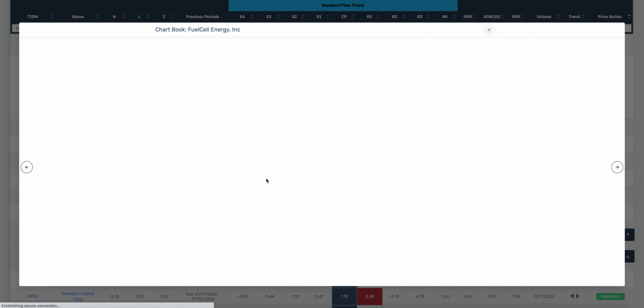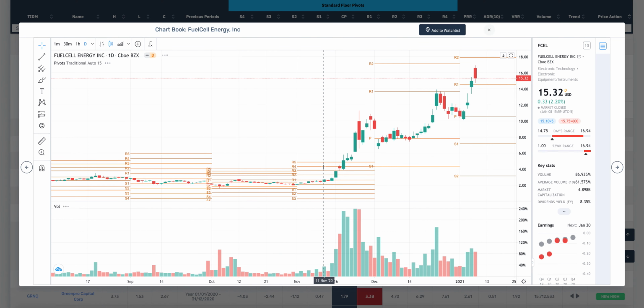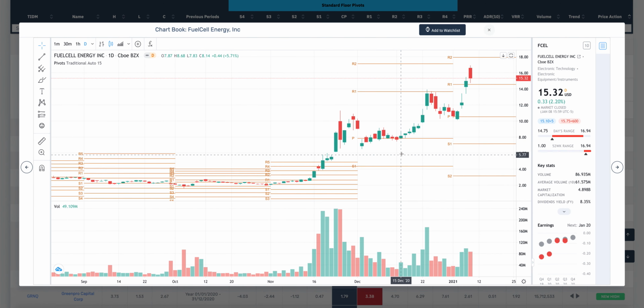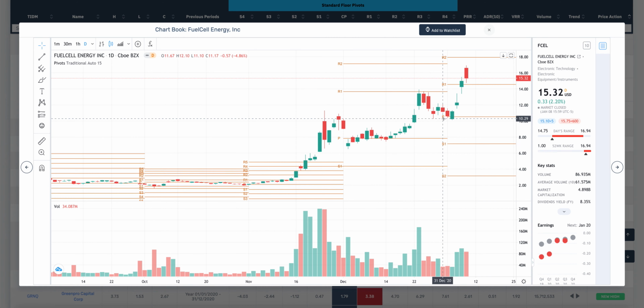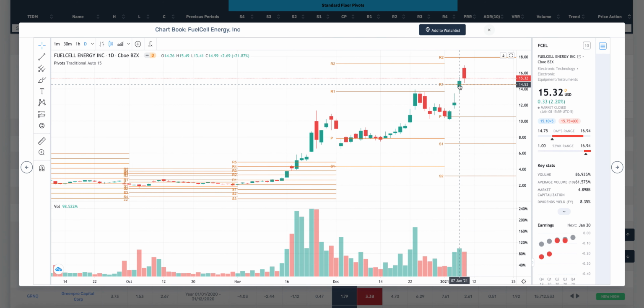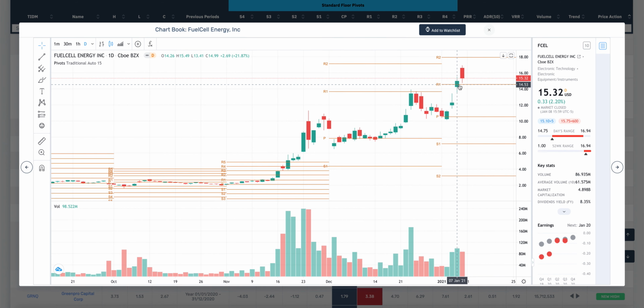F-Cells had a good run of late. It's a daily chart. The monthly pivots, at least, it's gone from the central pivot to the R1 floor pivot. Those who follow us on Twitter would have seen us make this call from the central pivot to R1.